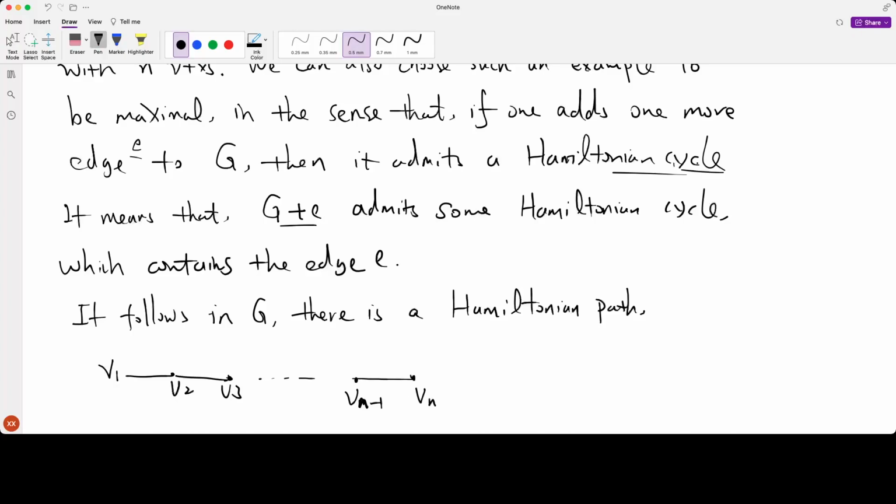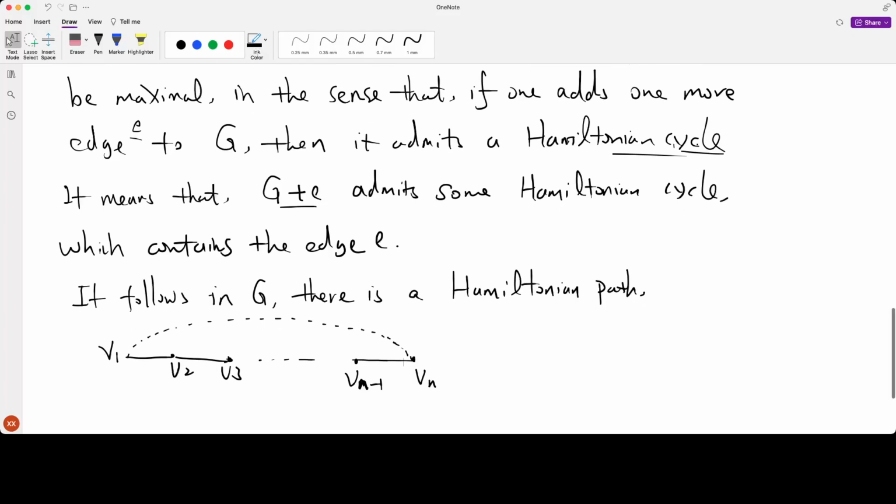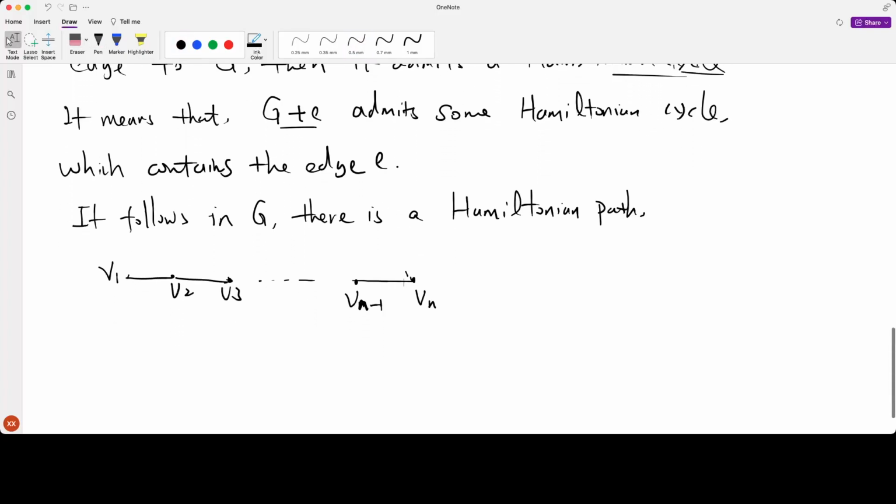Okay, so this, for example, is the edge E. We put it in and take it out. Okay, so we don't see it again because this edge does not belong to G. Okay, so this is all the vertices, and we name them with this order with respect to this Hamiltonian path.